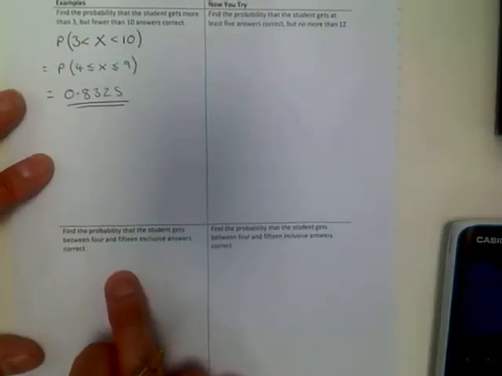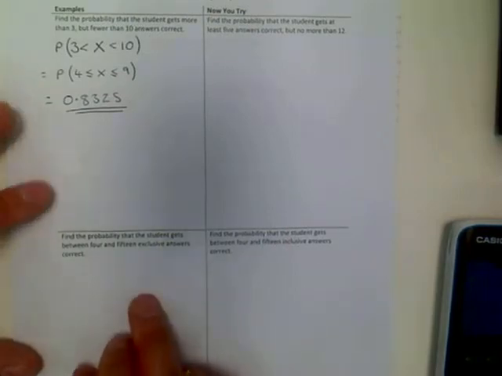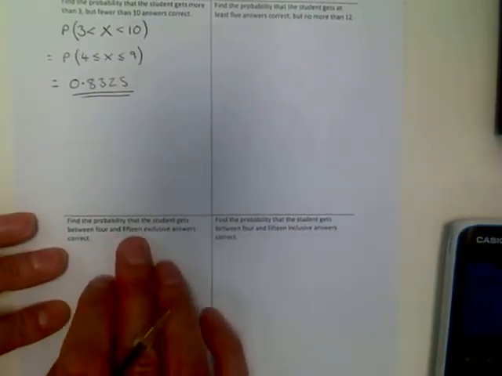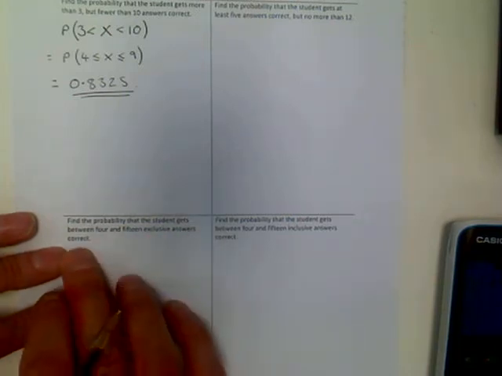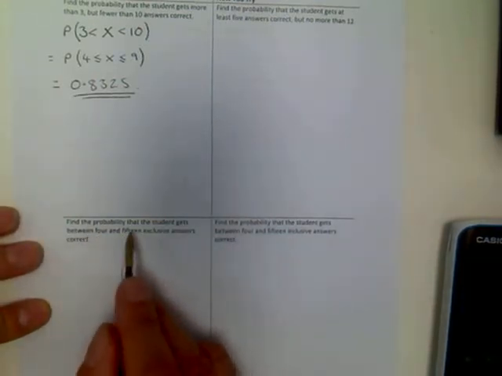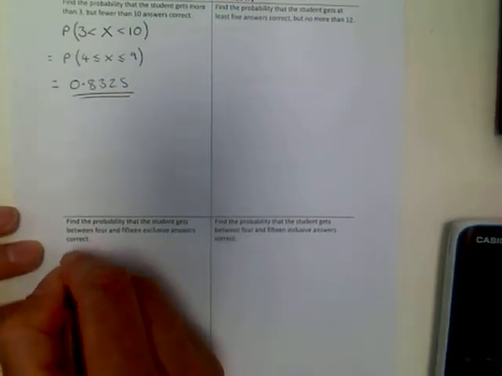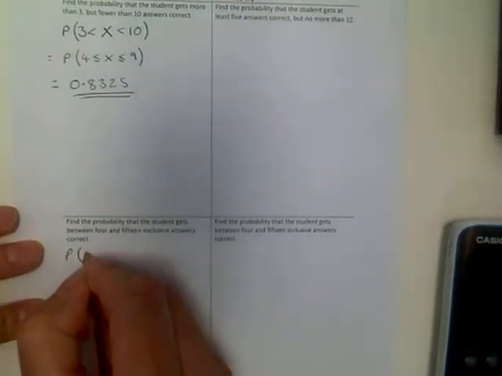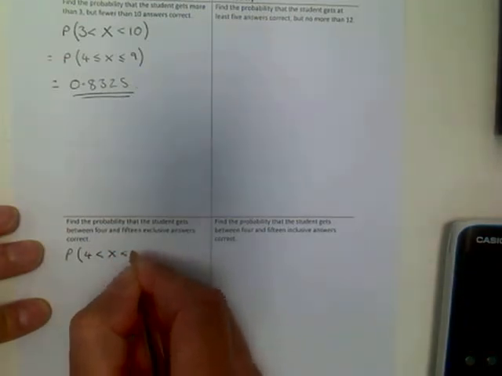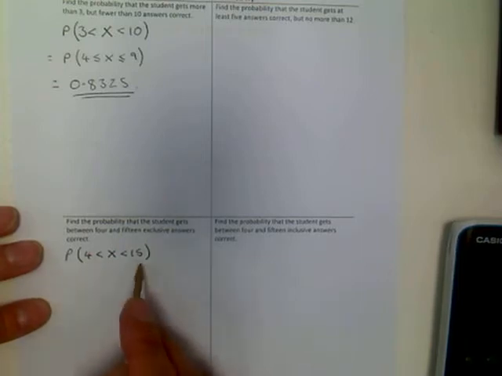Let's do this one down here. The probability that the student gets between 4 and 15 exclusive answers correct. Maybe the wording's a little bit confusing there, but what that means is between 4 and 15, but not including 4 and 15. So really what we're after here, I'm going to write this first, is not including the 4 and the 15.